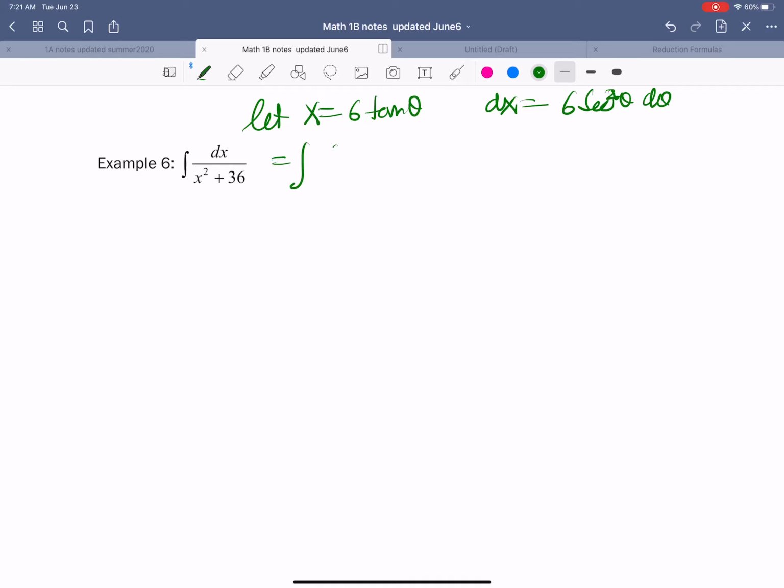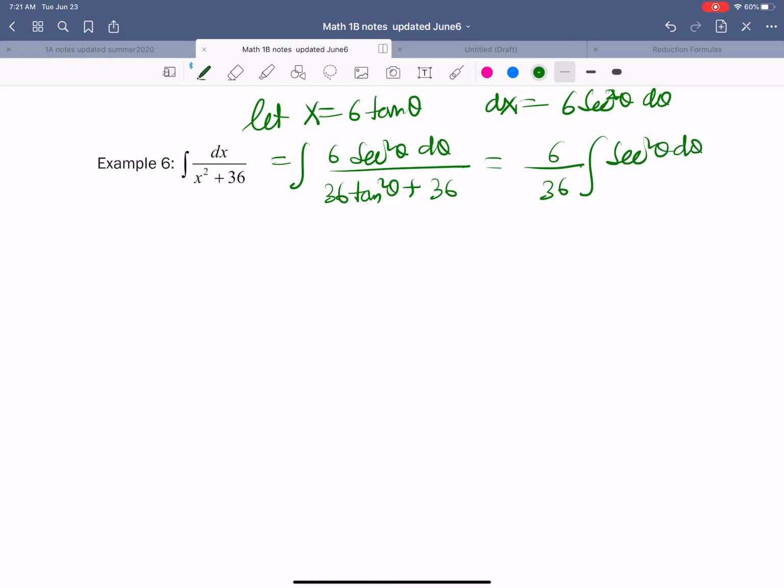So that turns out to be 6 secant squared theta d theta over 36 tangent squared theta plus 36. Let's pull out the 6 from the numerator and 36 from the denominator, and I have secant squared theta d theta over tan squared theta plus 1.